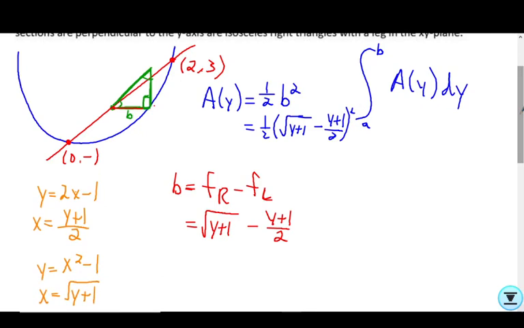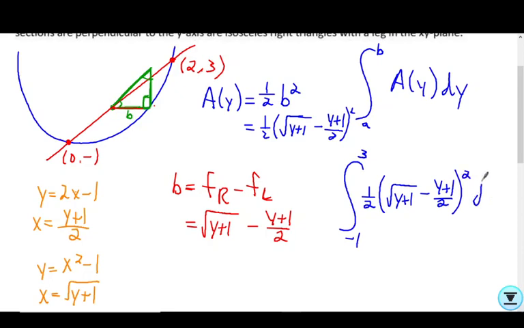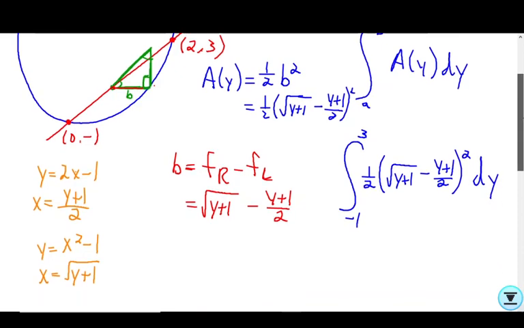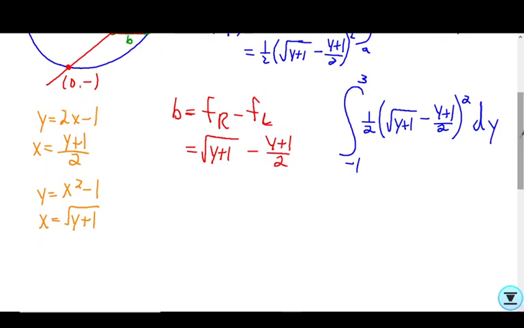Now we use our equation, we plug in. So basically, since our y values are now going to be our limits, it's from -1 to 3 of 1/2 times the square root of y plus 1 minus (y plus 1) over 2, squared, dy. So now that I have my function set up, now it's just time for some algebra.